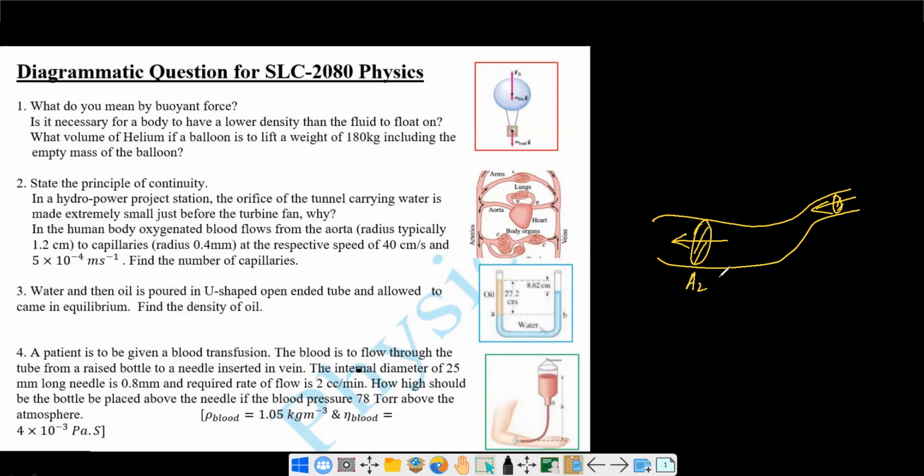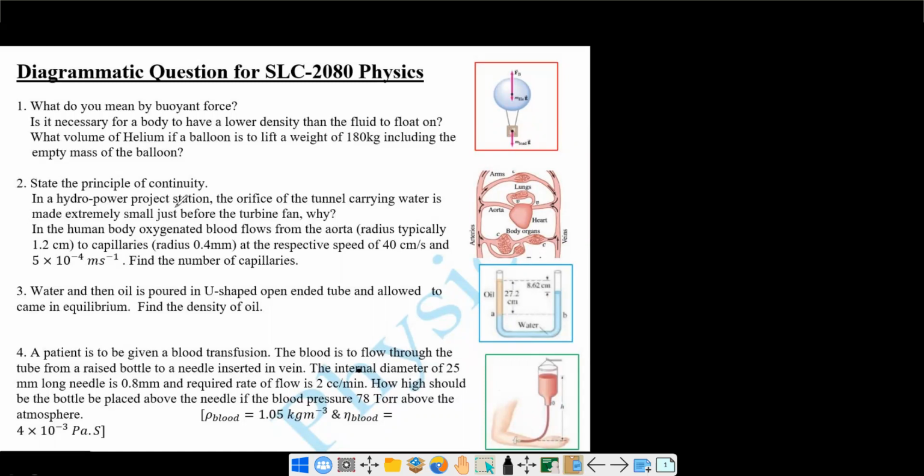So this is area A2 with velocity V2, and area A1 with velocity V1. These are going to be equal. That's why it is conserved. The total volume of the liquid passing through any canal is always conserved. No loss, no gain. The amount of fluid flowing through a canal per unit time is going to be constant. That is the principle of continuity.